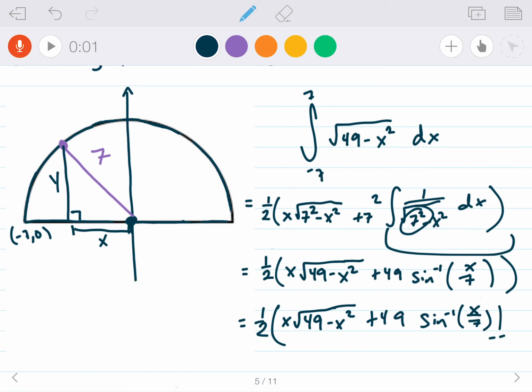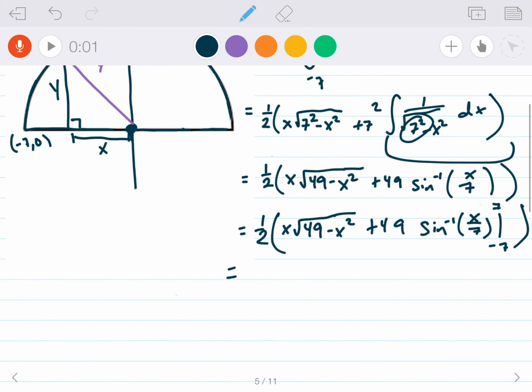We're going from -7 to 7. All right, so if I plug in 7 anywhere I see an x, I get 1/2 7 root 49 minus 7 squared plus 49 times sine inverse of 7 over 7, right?